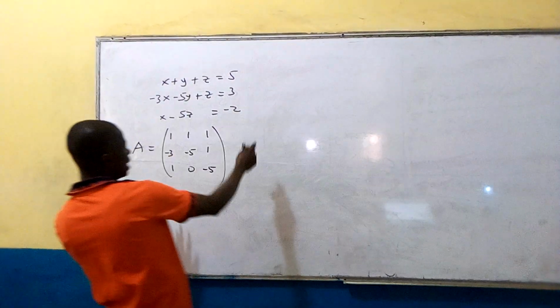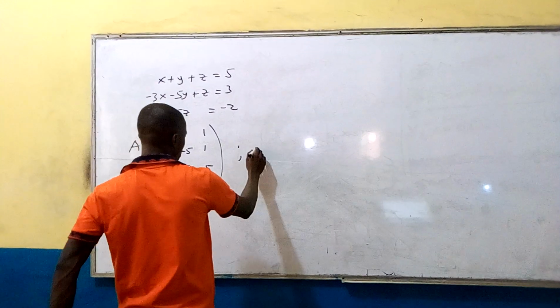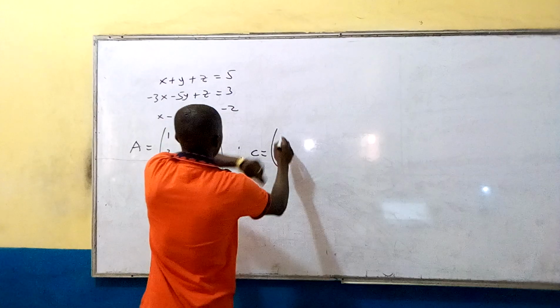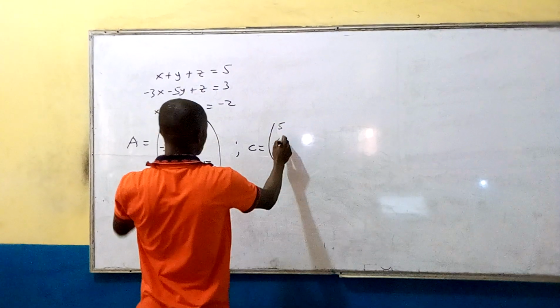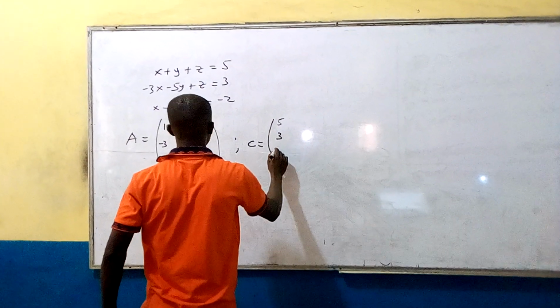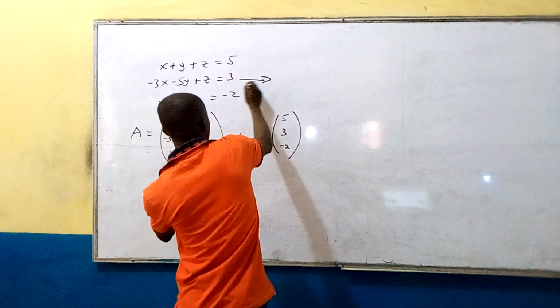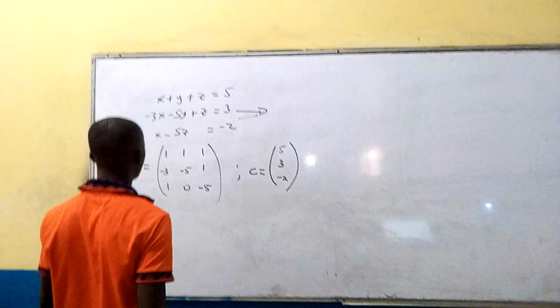Then the right hand side, we call it matrix C. For the first equation it is 5, the second equation is 3, and the third equation is negative 2. Now we write this in matrix form.